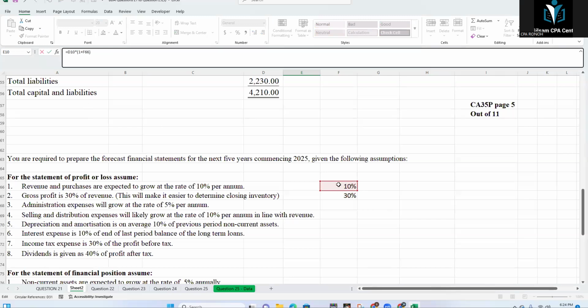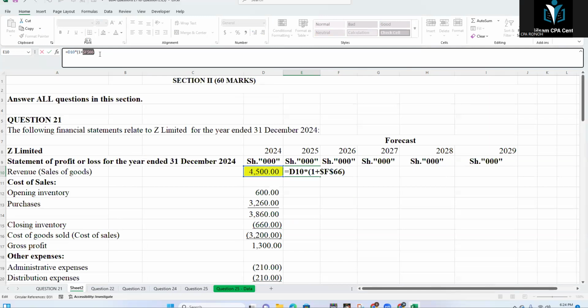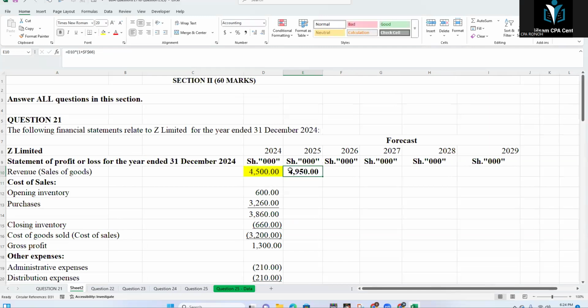So this 10% will remain fixed. We want each time to move the cursor, but the reference stays at that one point. So I will make sure to fix that F66. I will press F4 to give me $2. Hit enter. So you can see that is the price.